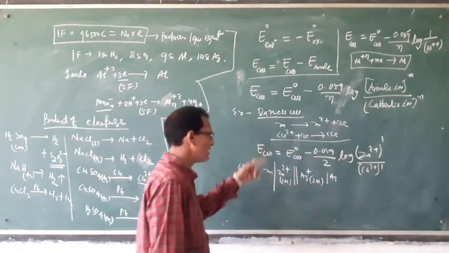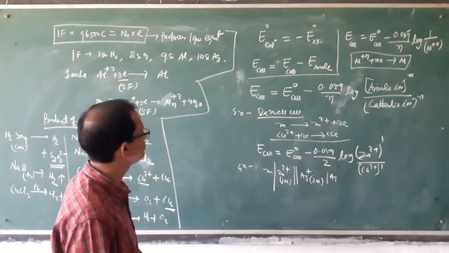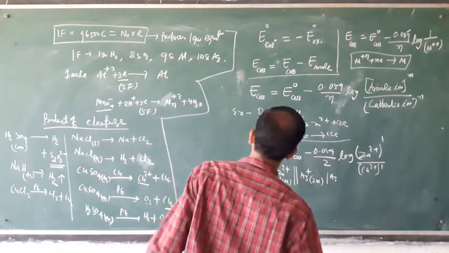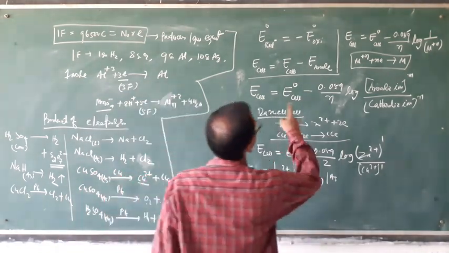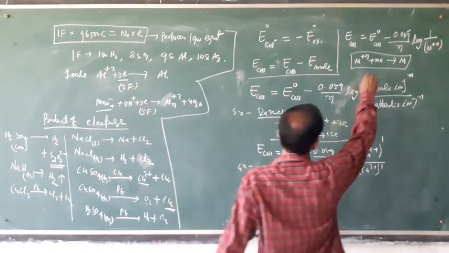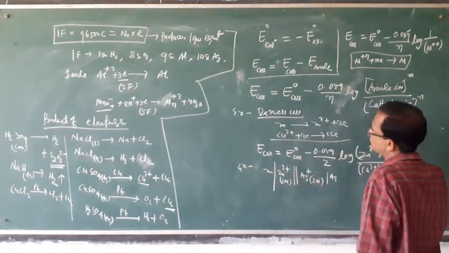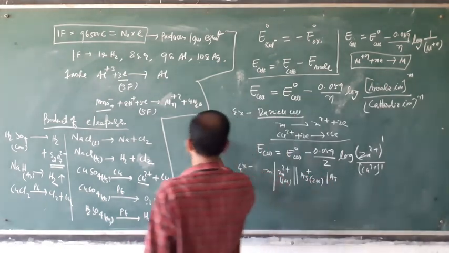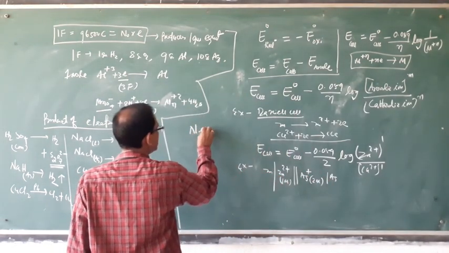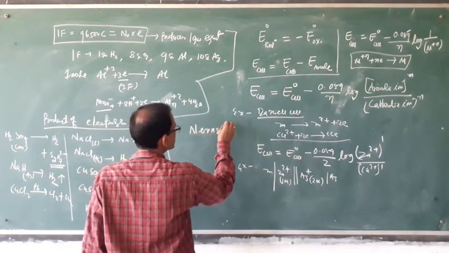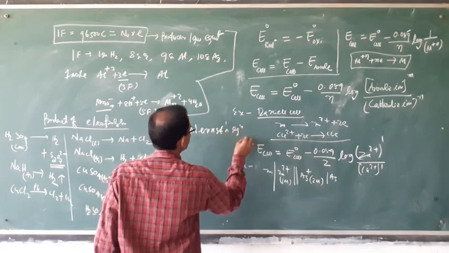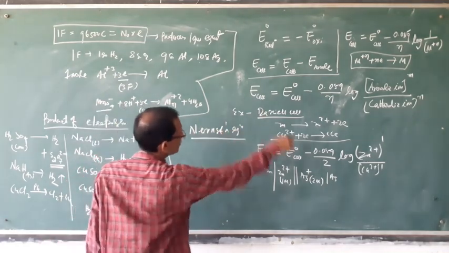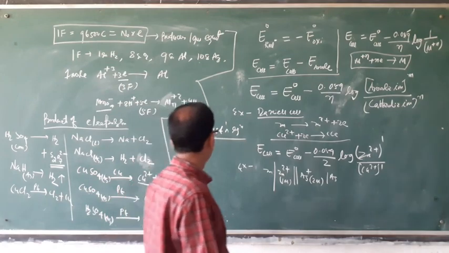What is the expression of cell potential? Which formula is that? The Nernst equation. This equation is called the Nernst equation. N-E-R-N-S-T, Nernst equation. All these are called the Nernst equation.